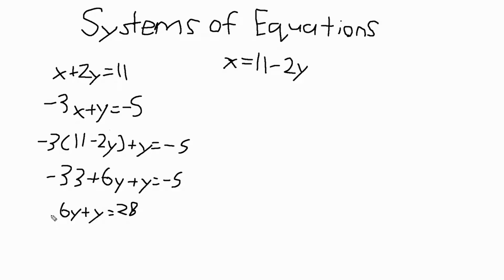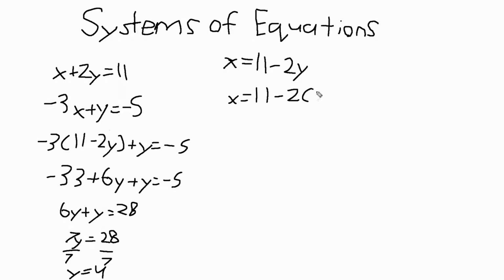So now we have 6y plus y, which is just equal to 7y, equals 28. Now we want to isolate the variable, so divide both sides by 7, and we get y is equal to 4.